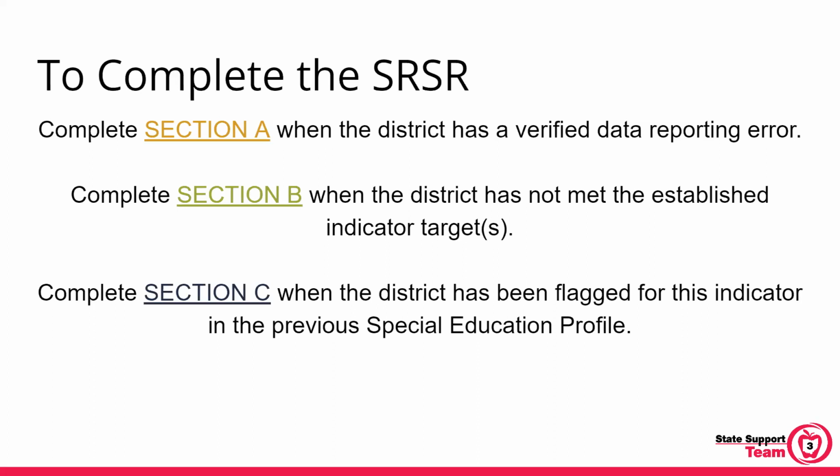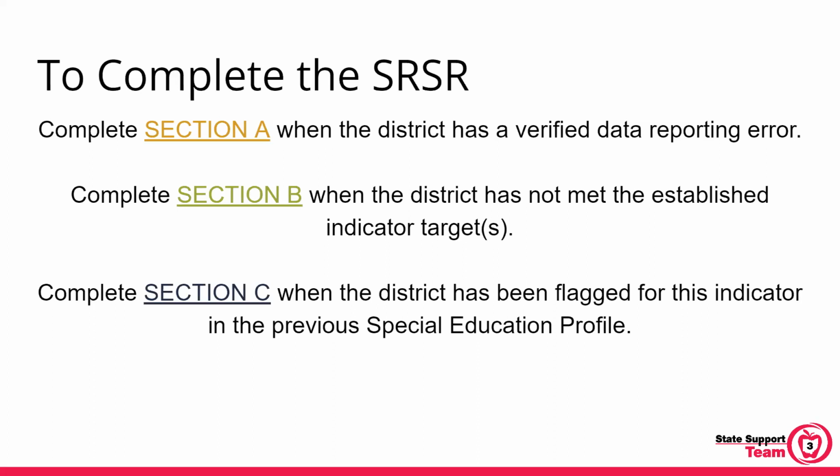If you had a finding in previous years, say for instance, last year you had an indicator 1 finding where you did not meet the threshold for students with disabilities graduating by standard requirements, and you once again have a finding this year, you are also required to complete Section C of the self-review summary report.